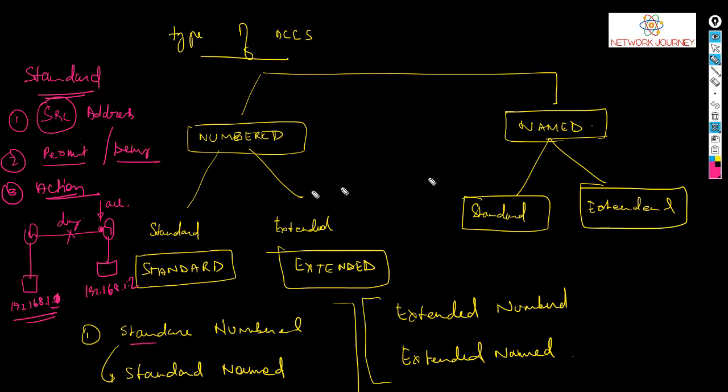Now what is the problem with this kind of behavior? The problem is all the ports get blocked by default. If this server has multiple services within it, like HTTP, or DNS, or FTP, or www, and with standard you try to deny, all the services also get denied by default.